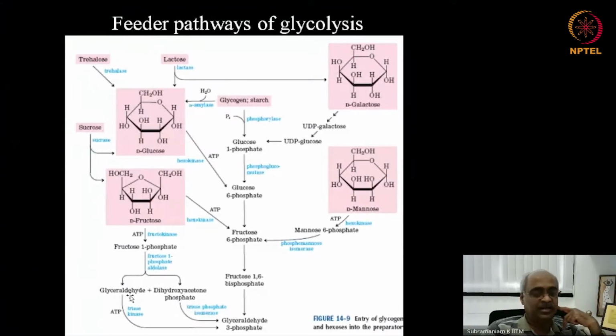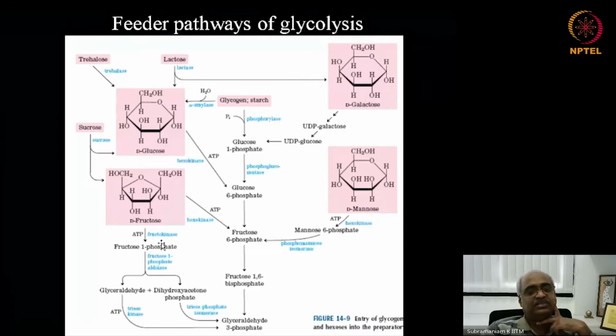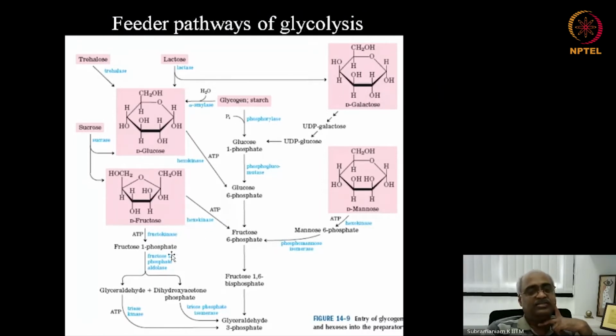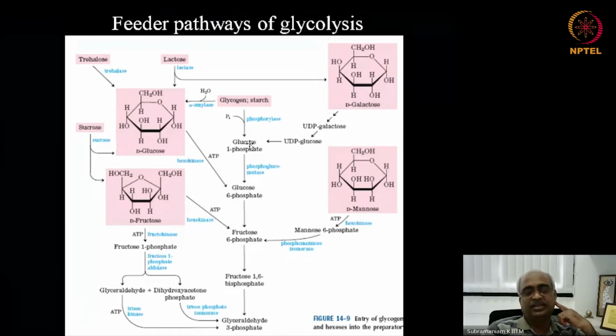So aldolase can cleave this into glyceraldehyde and dihydroxyacetone phosphate, and this isomerizes and then enters glycolysis, depending on which enzyme is present: the hexokinase reaction or the fructokinase reaction. And the other one, galactose, if it doesn't isomerize into glucose, can go via this route and then enter here.